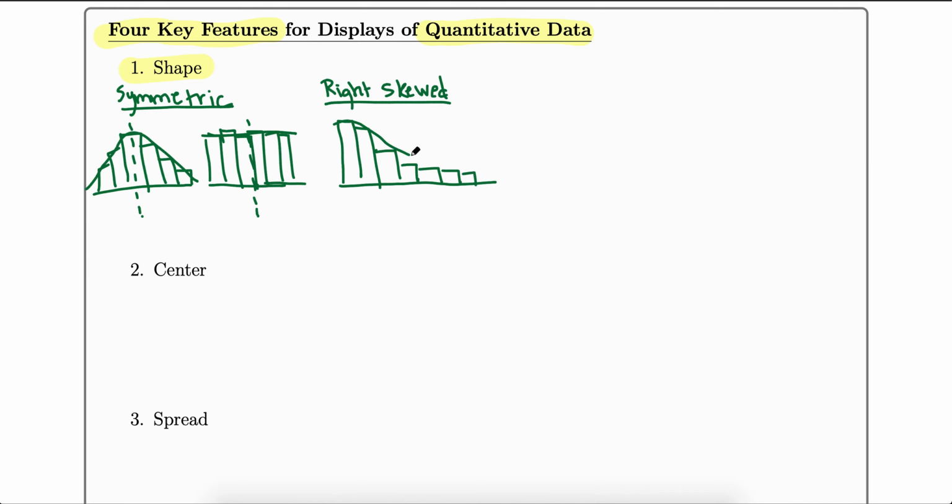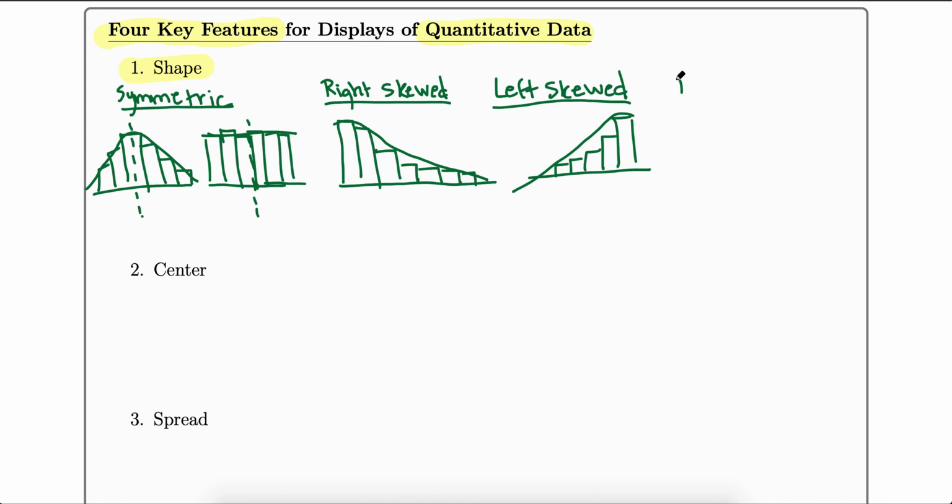So it has this general kind of sloping down trend. Left skewed, you can probably guess what that will look like. Let's flip this around, and the tail or the pull of the data is going to be towards the left. So kind of that general trend.